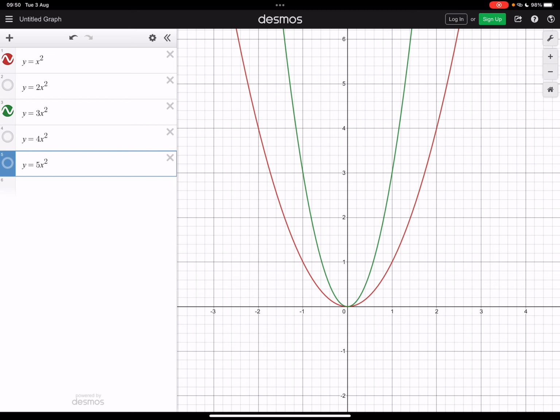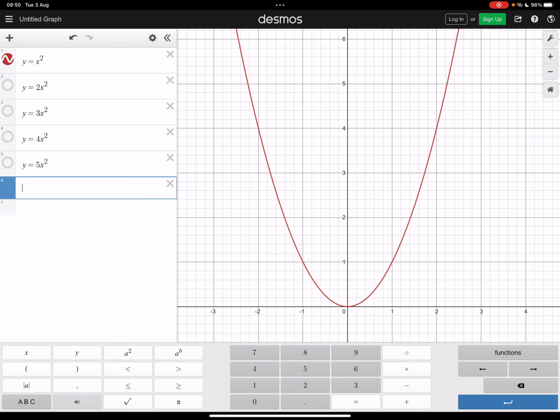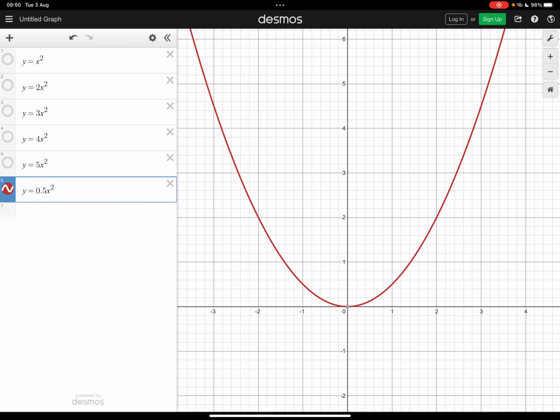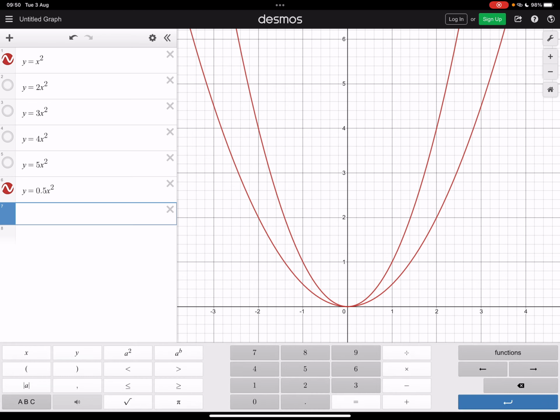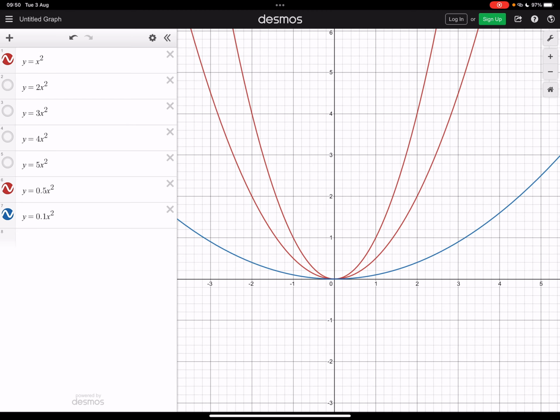What about if we go y equals not 1x squared, but 0.5, so a half x squared? You can see now it's actually getting wider. What about y equals 0.1x squared? Getting really wide now.